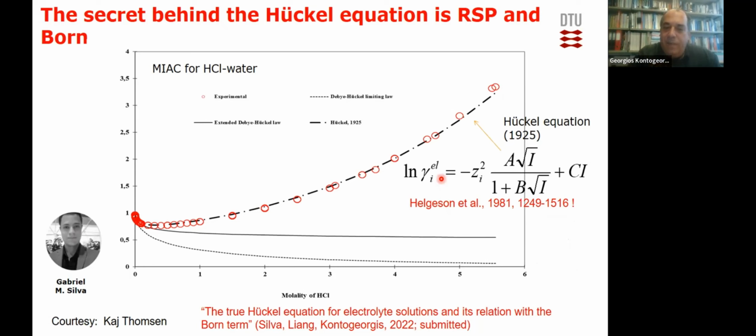And in a work that is now under review from Gabriel, we have analyzed the Hückel equation, and in reality, the second term of the Hückel equation is a Born type term, and it demonstrates the importance of the composition dependence of the dielectric constant. But again, the Hückel equation has only those 2 terms and no physical forces.